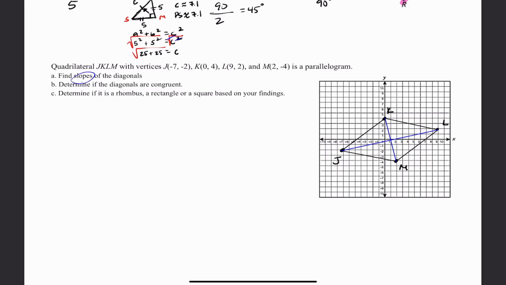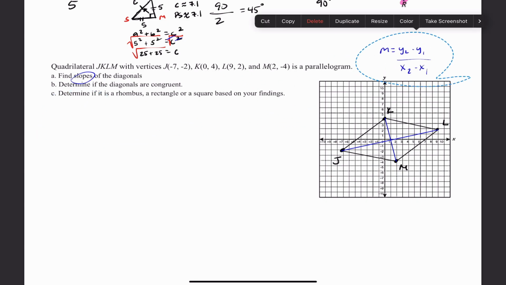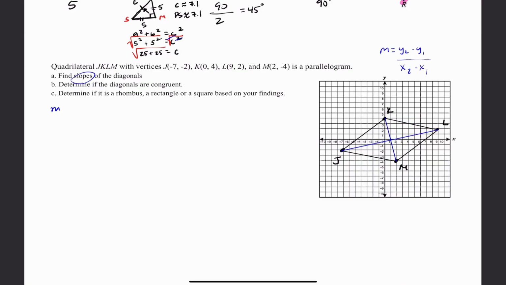Remember the slope formula is m equals y2 minus y1 over x2 minus x1. If I were to find the slope of this diagonal, JL, then after using my formula, that's going to give me 1/4.